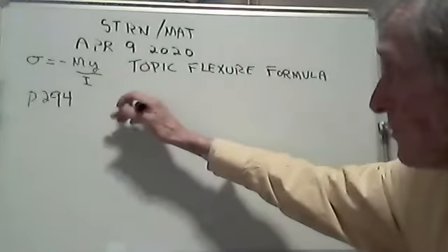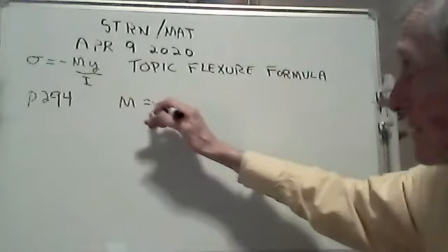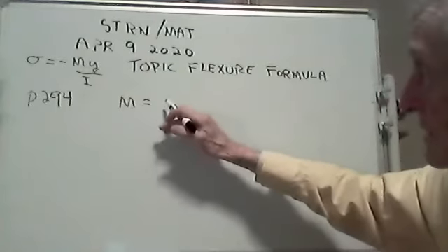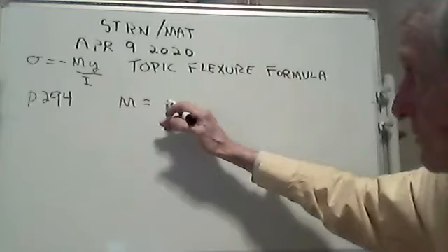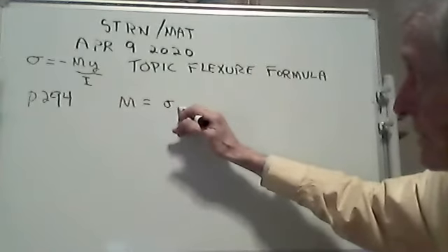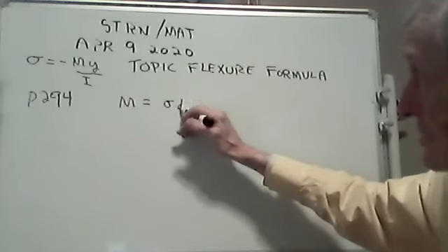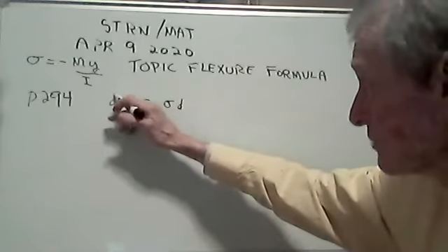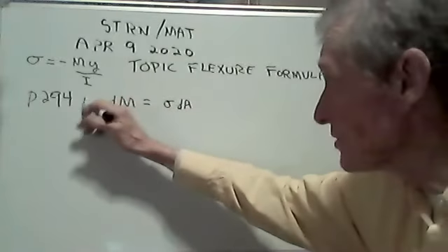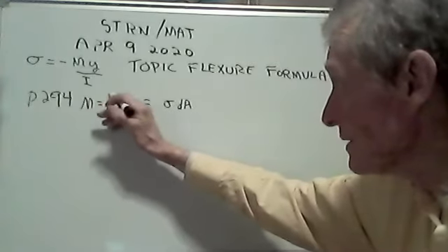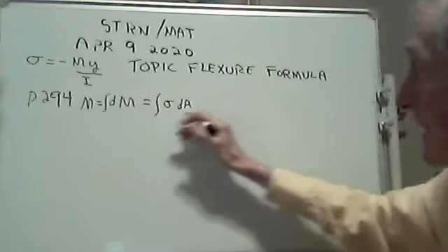Now the bending moment acting on a cross section is equal to force times distance. So now the force would be the stress times the area. Now, if you're just talking about a small amount of bending moment, it'd be like that. If you wanted the total bending moment, you'd have to integrate like that.